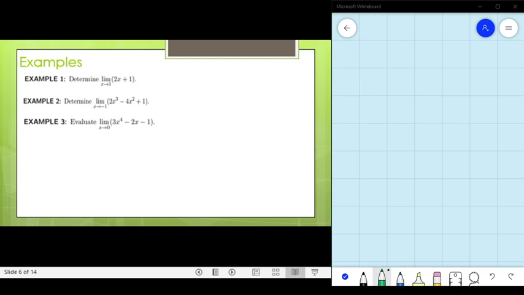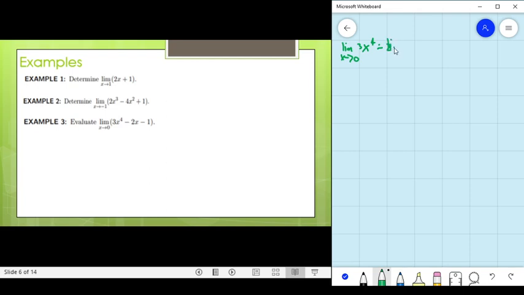In this case, we are going to apply the addition law, which is, first we have the limit of 3x to the fourth as x approaches 0 minus the limit of 2x as x approaches 0 minus the limit of 1 as x approaches 0.